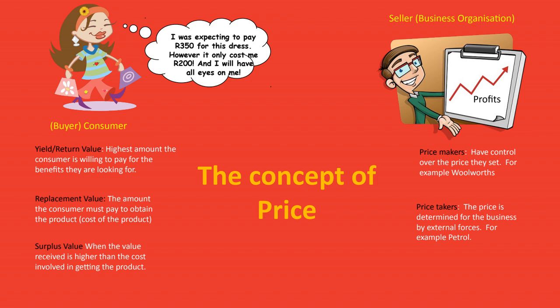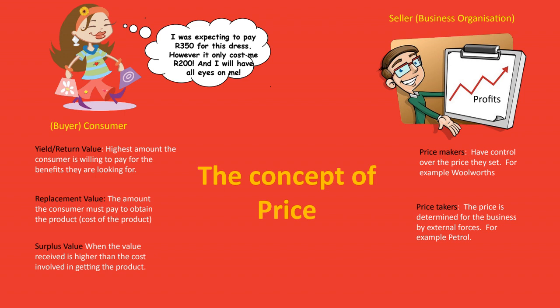Now, when we're looking at the concept of price, we look at it from two different perspectives. The consumer, where we want to have value for money, and the business in terms of profit. Now, there are some companies that do not have any control of their business, and that is what we call price takers. These are businesses where price is completely out of their hands.